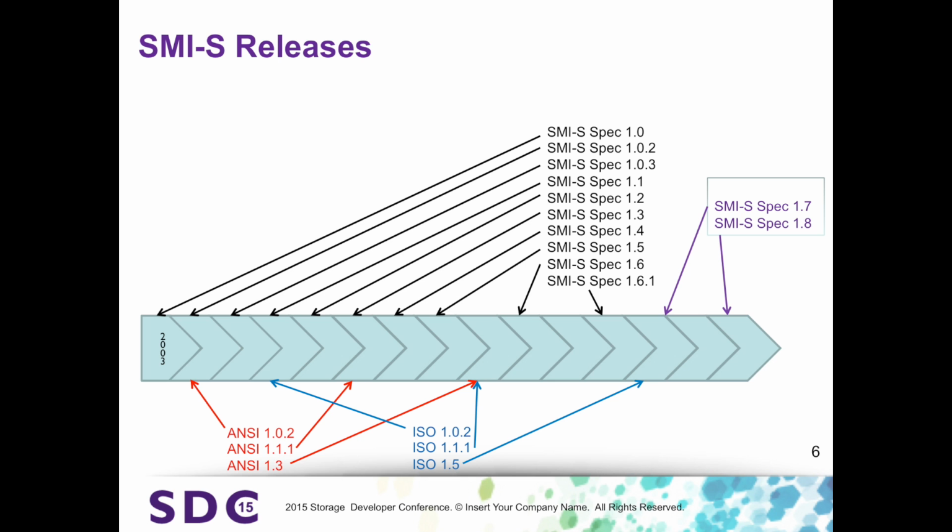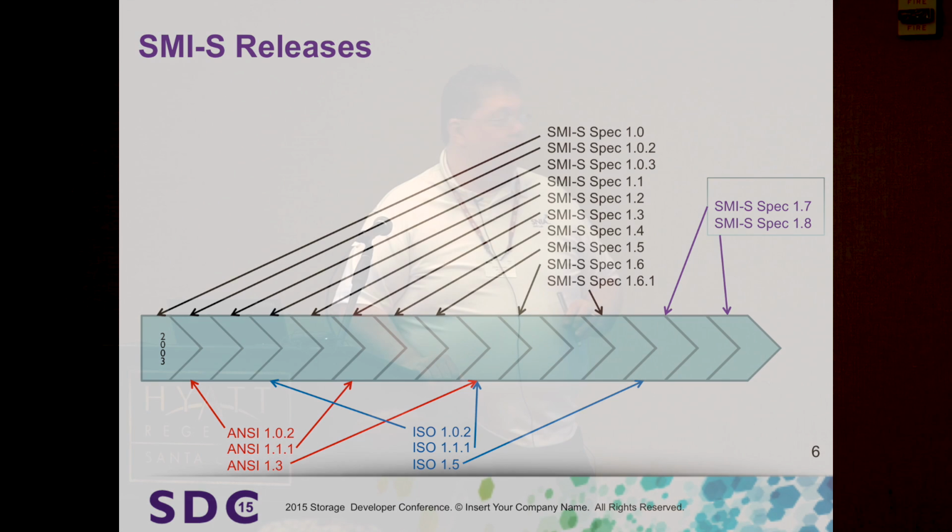It used to be that we went down the ANSI path, now we're starting to go down the ISO path. So note, we just gained 1.5. Note that the newest spec is not 1.5. 1.5 was a stable version of the spec. However, ISO has finally standardized on 1.5. They're a little bit behind us, but the point is, as the spec rolls forward, industry organizations are adopting these specs as standards as well. So this should give you an idea of where the spec is going.